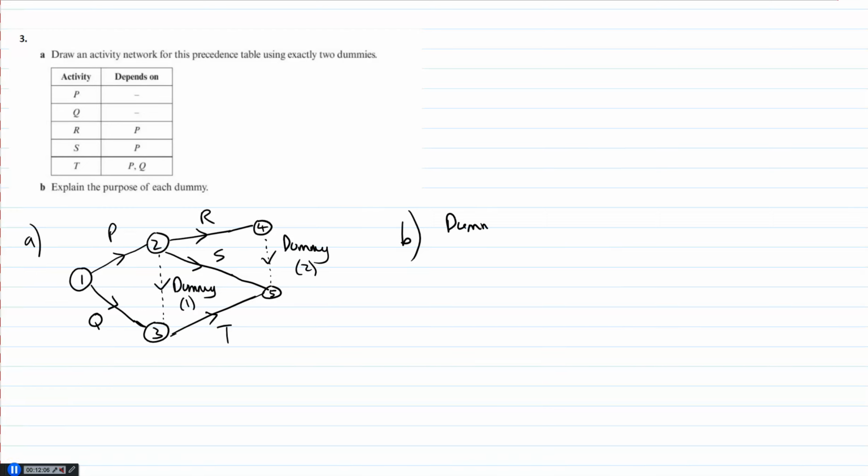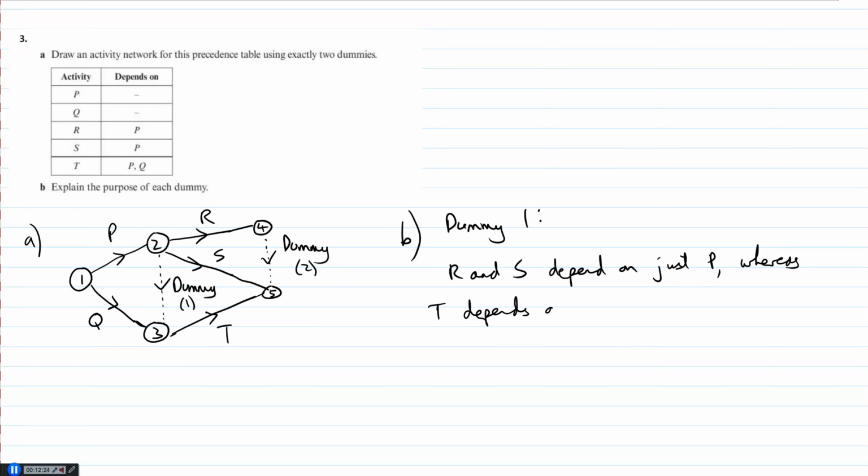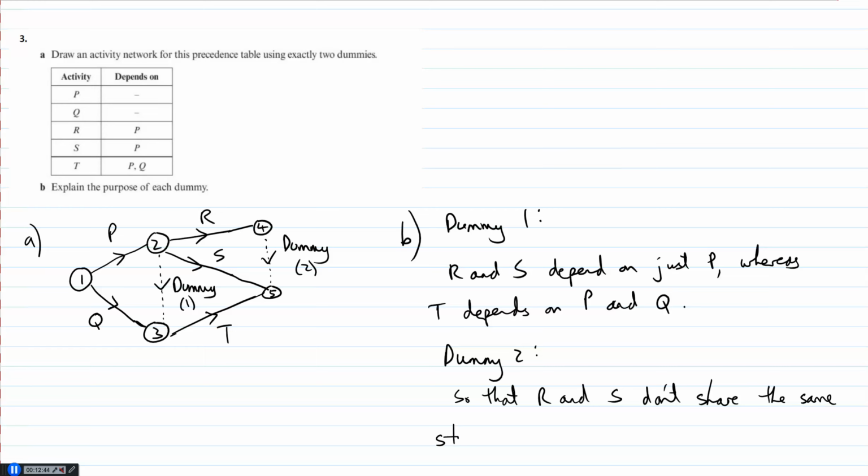So dummy 1 is there because R and S depend on just P, whereas T depends on P and Q. And the second dummy, this is so that R and S don't share the same start and end event.